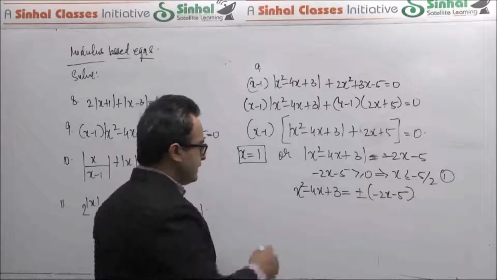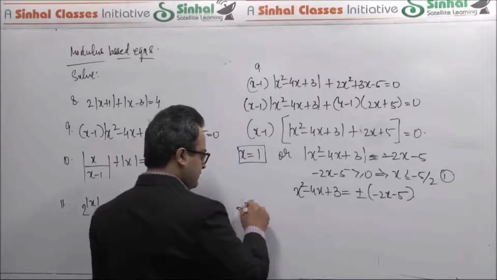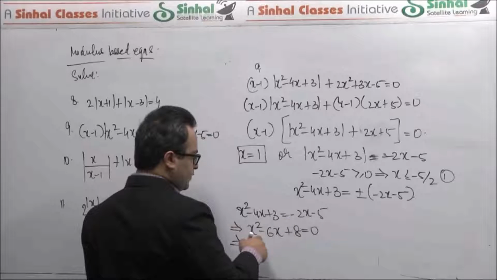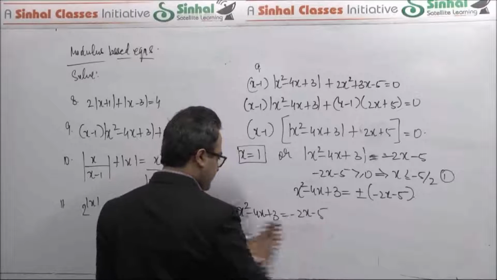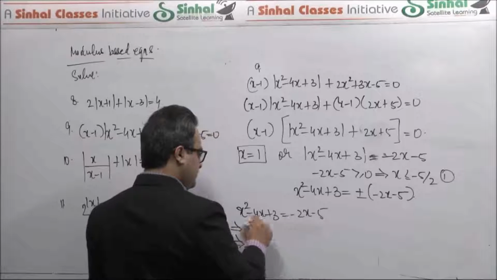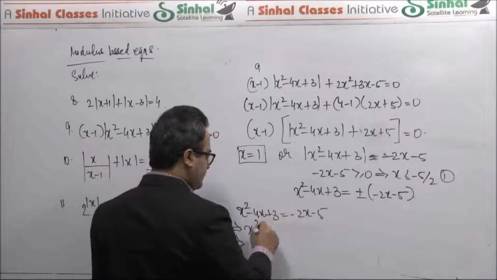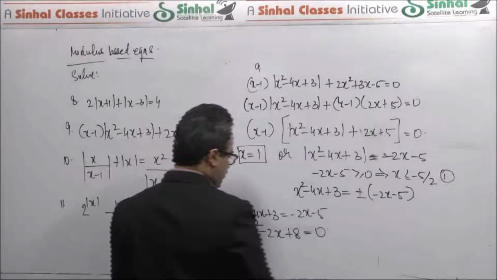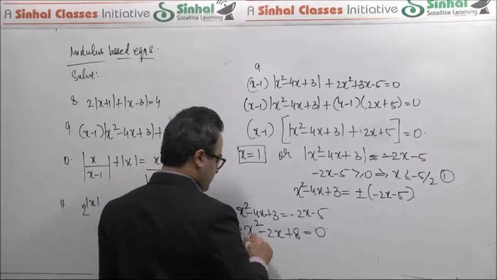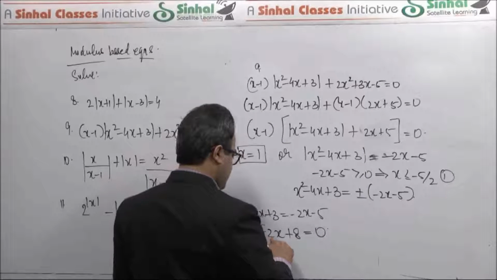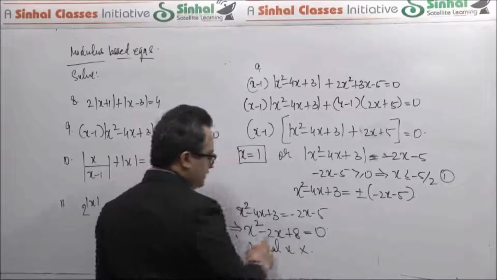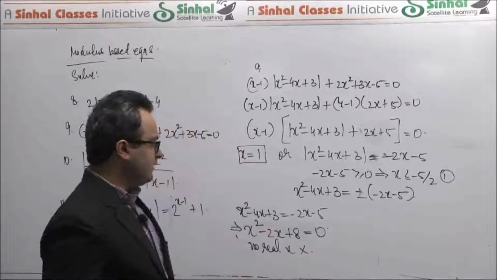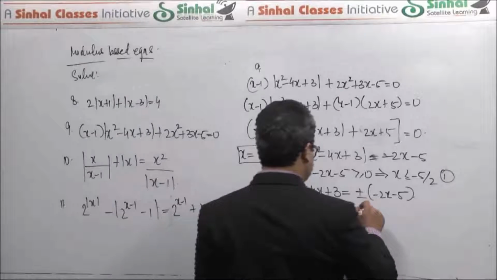Right? So again, let's take the positive sign once. So minus 2x minus 5, so x square, sorry, this would be x square minus 4x minus 2x, so that's minus 2x plus 8. This equation of course does not give me any real solution since the discriminant itself is negative, so I'll take the other sign over here now.